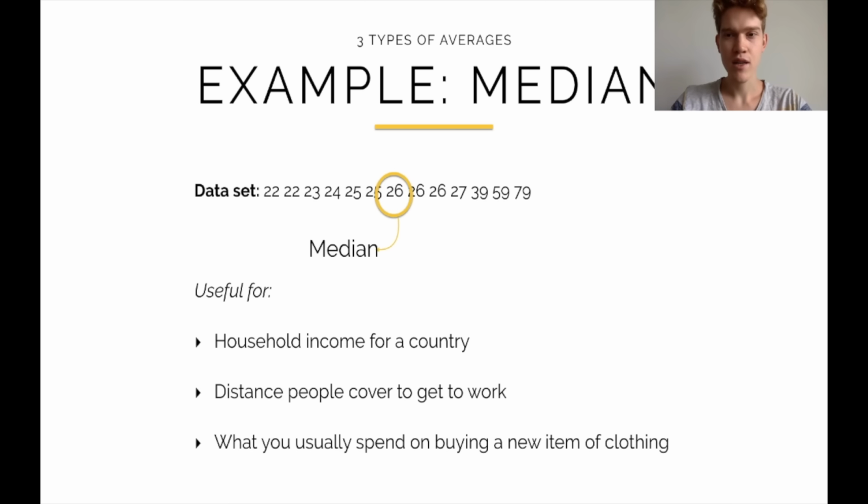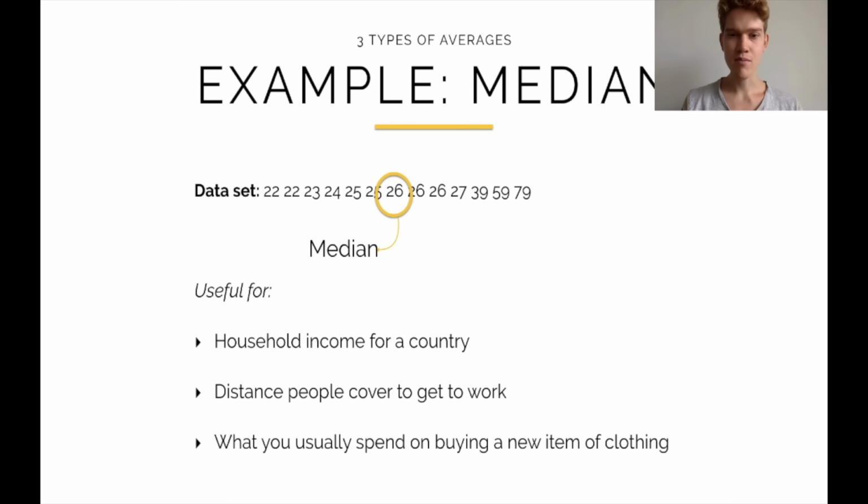Now, what is the median useful for? The median is often used if you look at household incomes for a country. If you were to use the mean, then the billionaires would give you a false description of what an average household income really is. Normally you could say the average household income for a family would be, say, $40,000 or something like that, and that would be the median value.